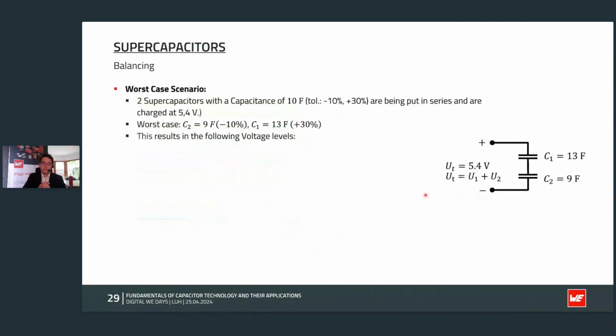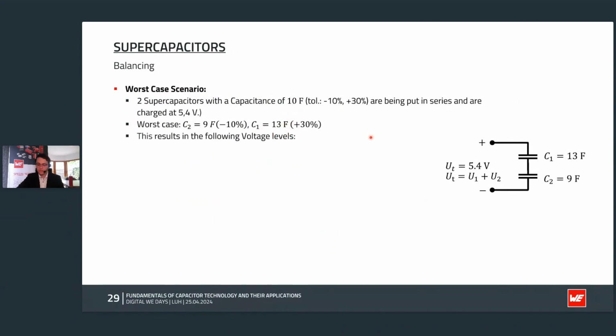What I already mentioned before is that supercapacitors offer a very low voltage. For example, if you're using two capacitors from different manufacturers, which we really don't recommend, it could happen that if you buy a capacitor with 10 farads and the tolerance is -10 +30, for example, you could get two completely different capacitors.